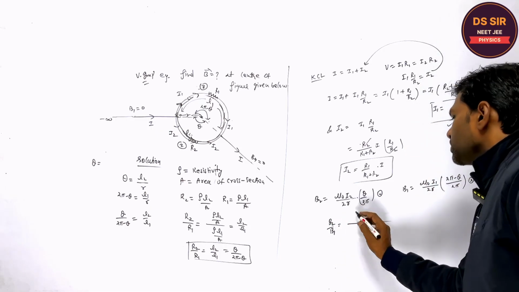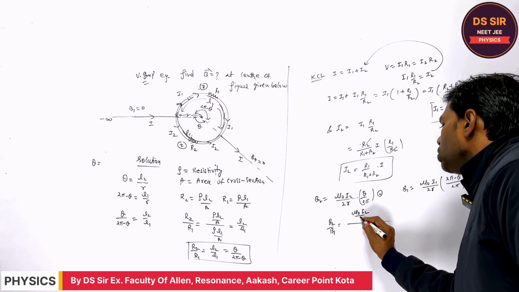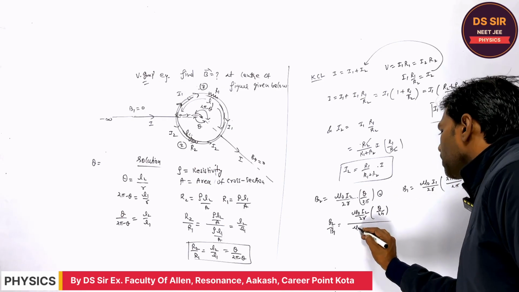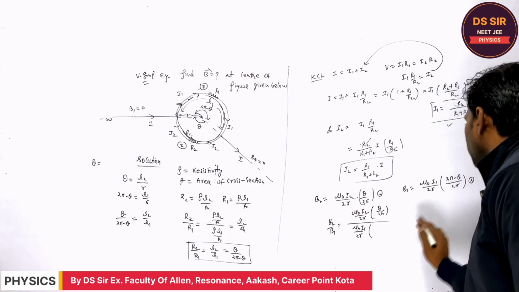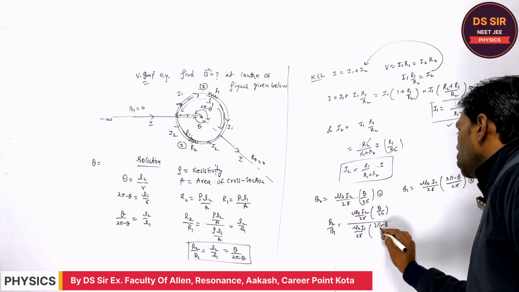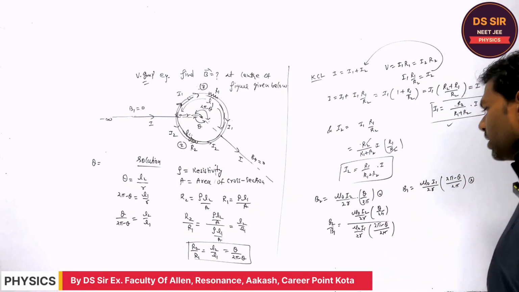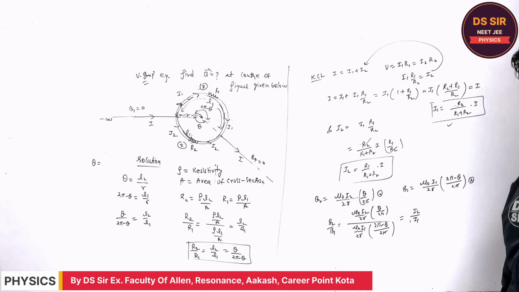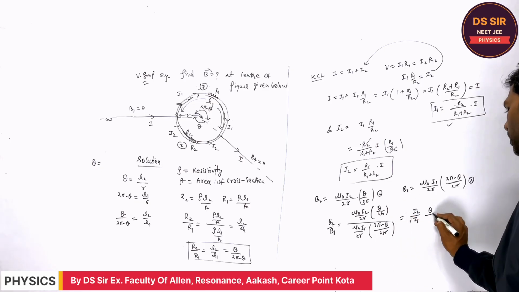Mu naught I2 upon 2R theta upon 2 pi, over mu naught I1 upon 2R 2 pi minus theta upon 2 pi. It is I2 upon I1 times theta upon 2 pi minus theta.